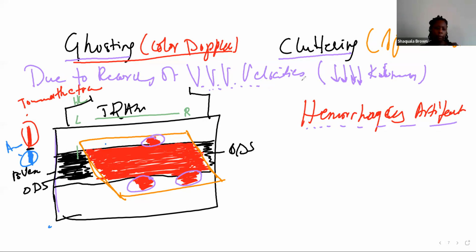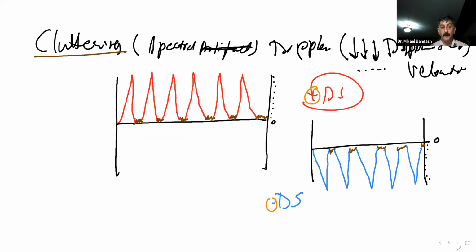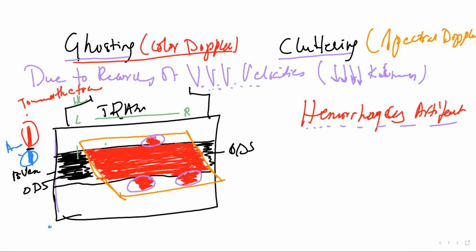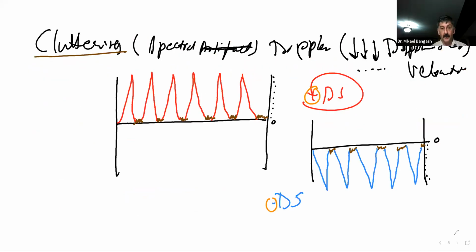I didn't really get the cluttering. It's the same as ghosting, my dear. It's just a recording of the very, very low velocities. But the ghosting has the hemorrhaging artifact, right? Because it looks like the blood vessel is bleeding. So does cluttering have that too? No, because, my dear, cluttering is just on a spectral Doppler.